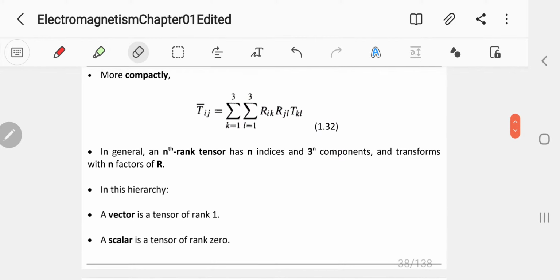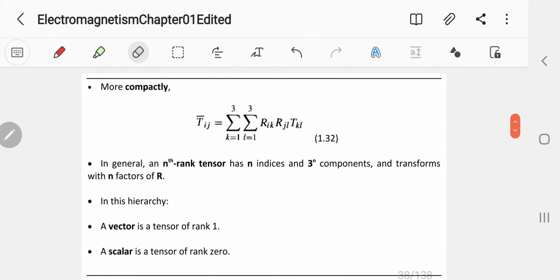So in general, an nth rank tensor has n indices and 3 to the n components and transforms with n factors of R. By the way, a scalar is a tensor of rank 0, and of course a vector is a tensor of rank 1.